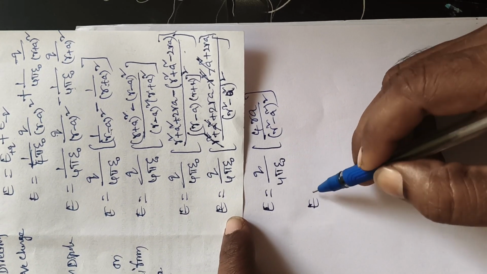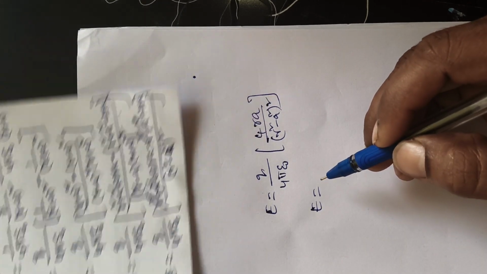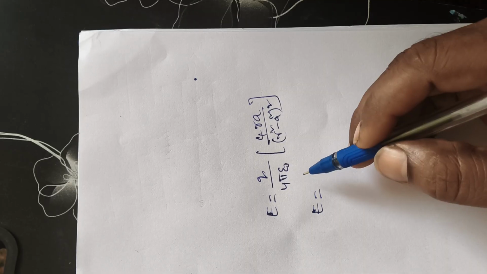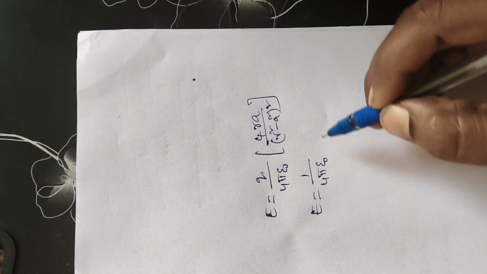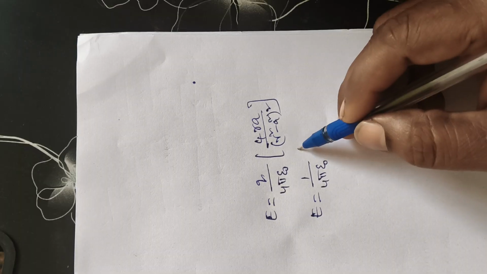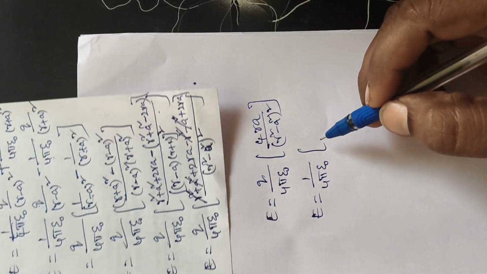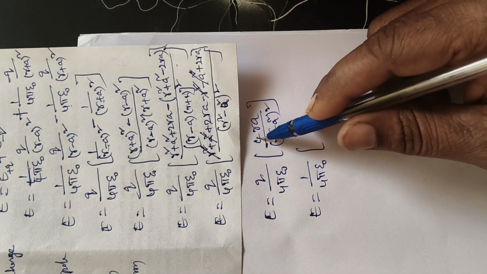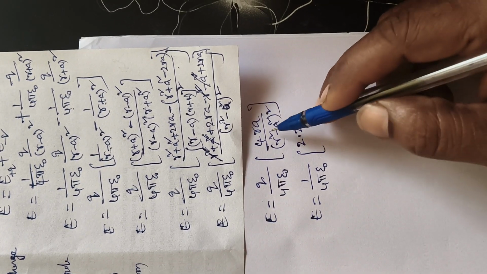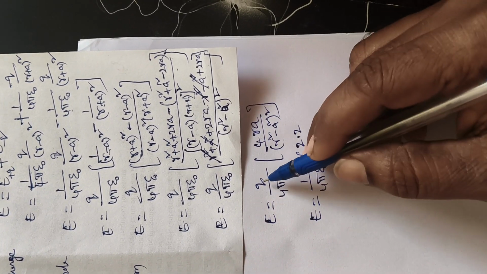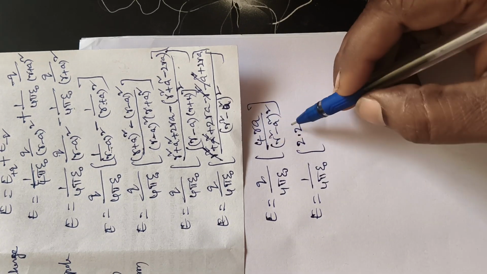Right. Next one is E is equal to, so this is written like this way: 1 by 4 pi epsilon naught. So next 4 is written as 2 into 2, which means 4. Q only take inside.